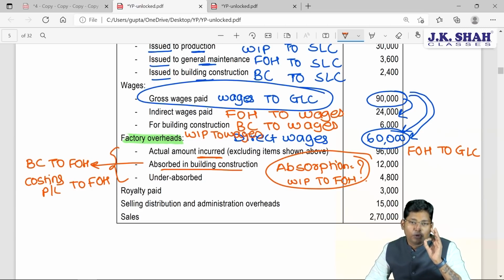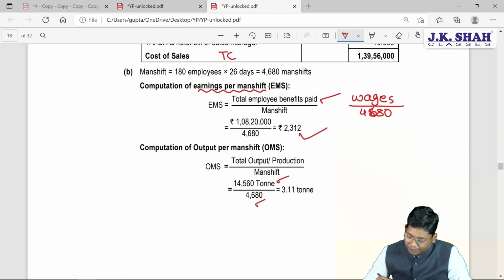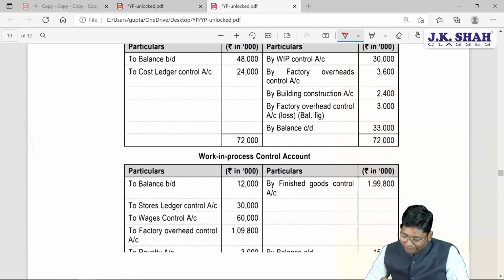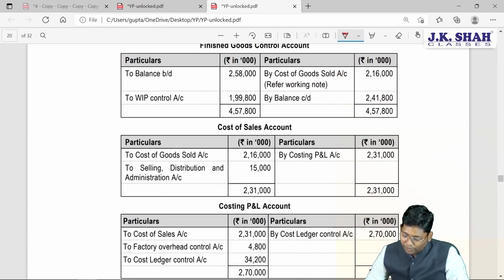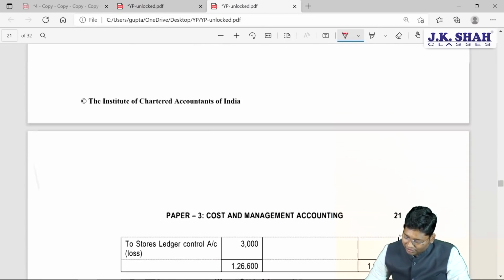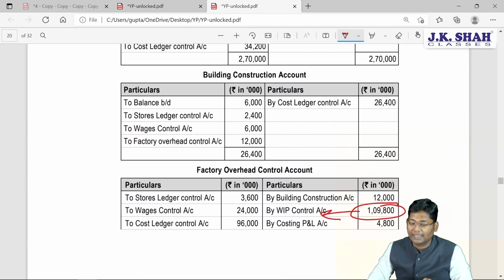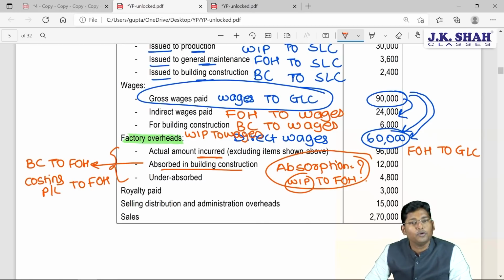Whenever you are going to close your FOH account, balancing figure you should transfer to WIP account. Sir, what? Whenever you are going to close your factory overhead account, in that case, balancing figure of factory overhead account you should transfer to WIP ledger control account. This balancing figure you are going to get whenever you are going to close the account.